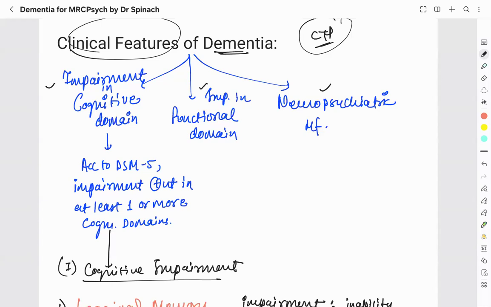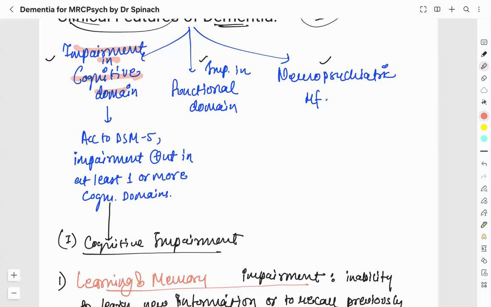It's nice. So this is how they divided the clinical features of dementia. When we talk about impairment in cognitive domains, according to ICD-11, I'll go into ICD-11 because I have some confusion with DSM-5, it should be present in at least two cognitive domains.